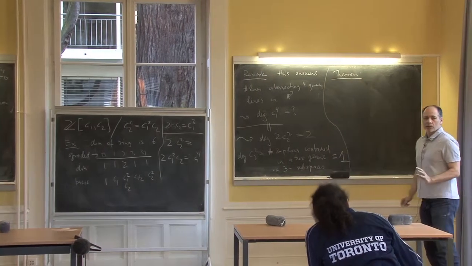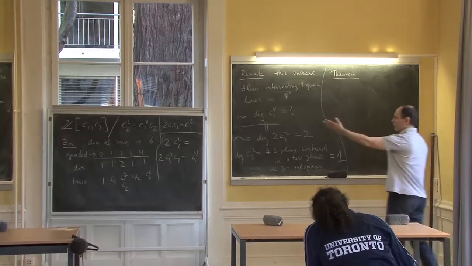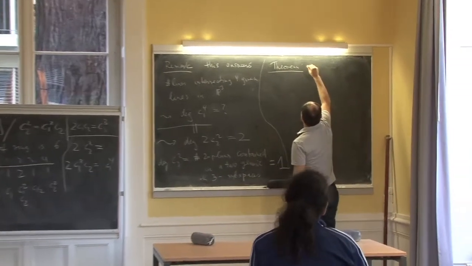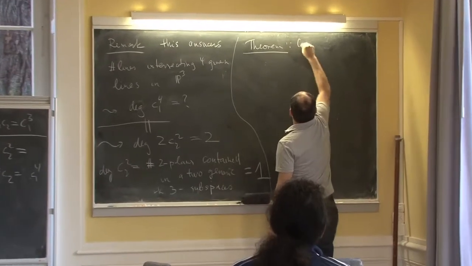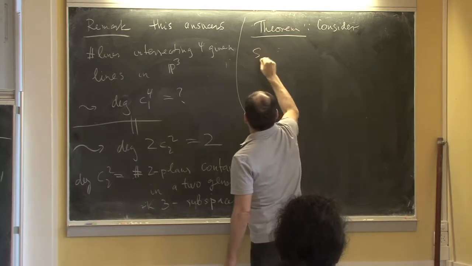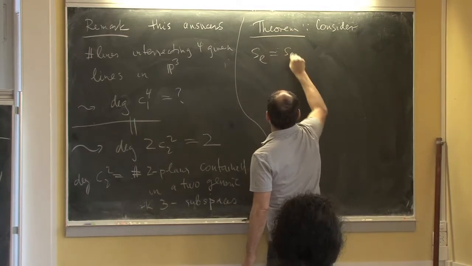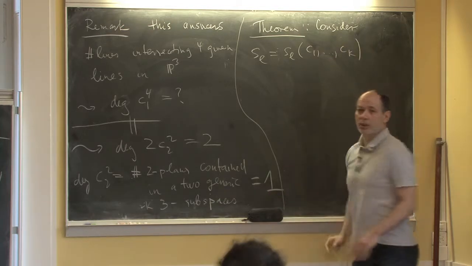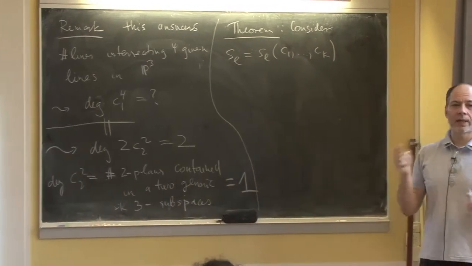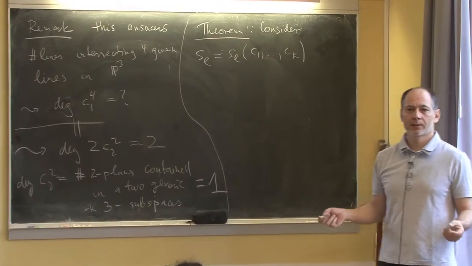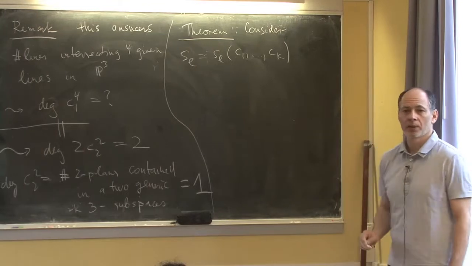Somewhat loosely, following the lemma, consider S_l as a polynomial in C1 up to Ck in our general setup. The lemma says that every S_l is a polynomial in C1 up to Ck, which I proved there.